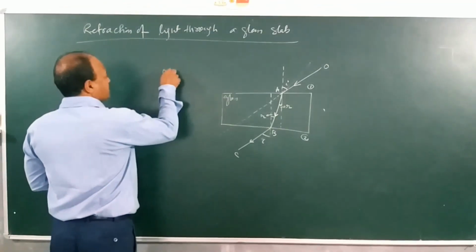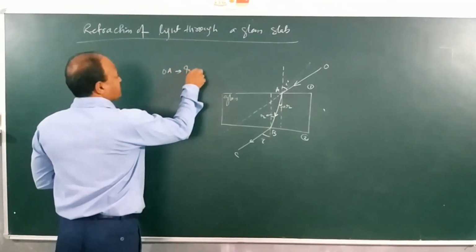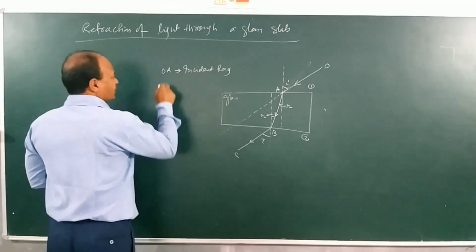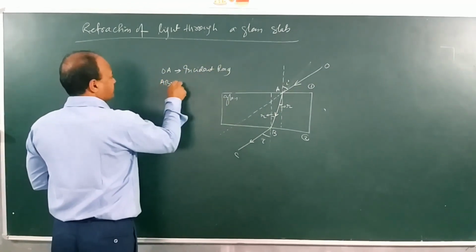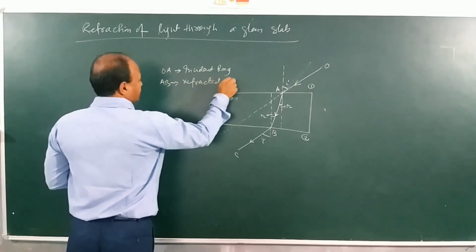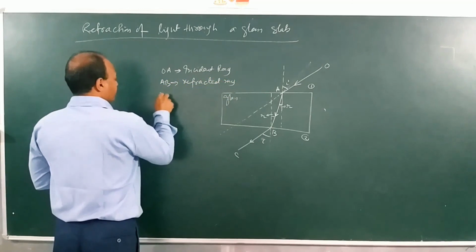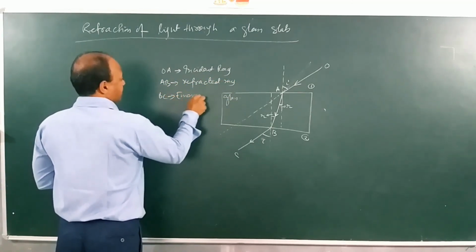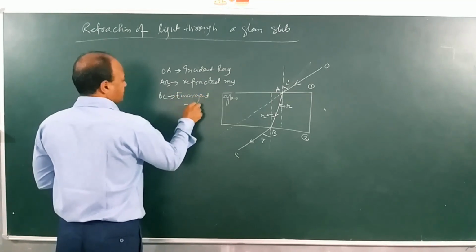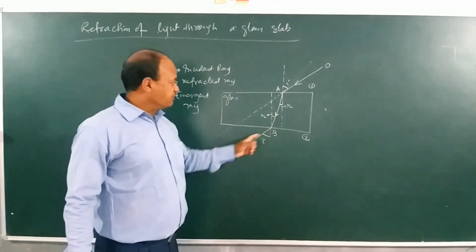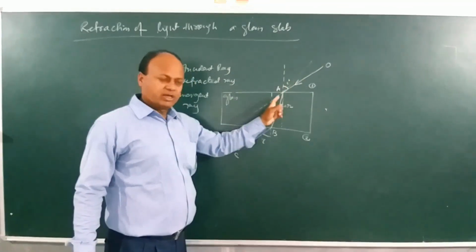OA is incident ray, AB is refracted ray, and BC is emergent ray. And when you construct this diagram, make sure that BC is parallel to OA.